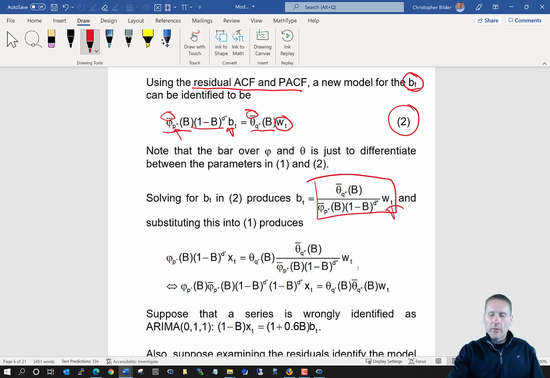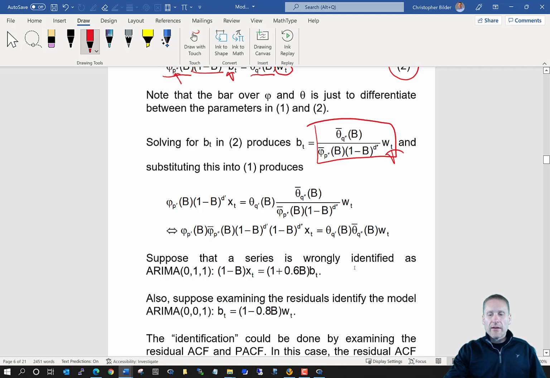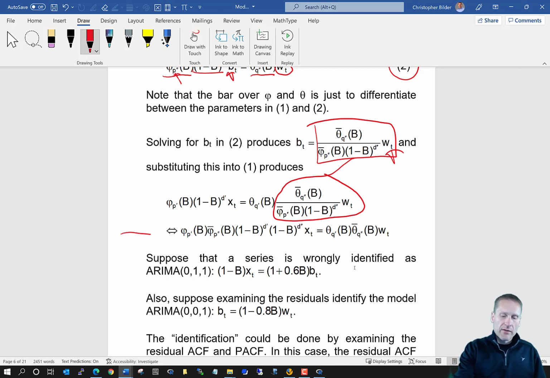Notice how this is written in terms of W sub t. And let's put this term now into our first model, model 1, where we saw B sub t. We do a little bit of algebra, and this is what we get.